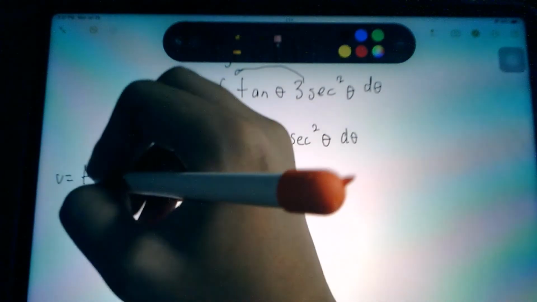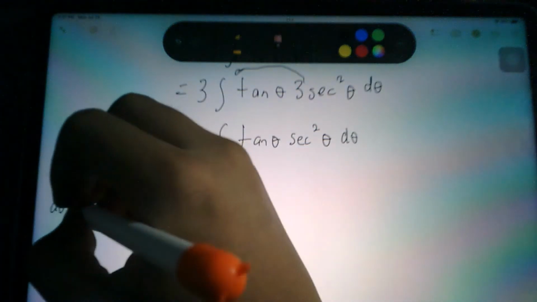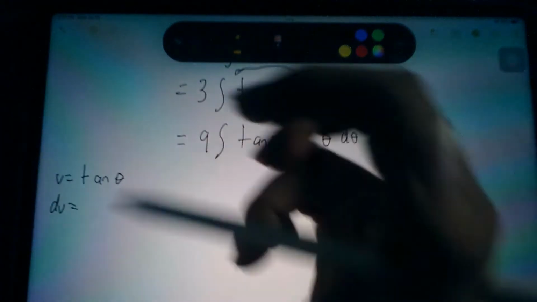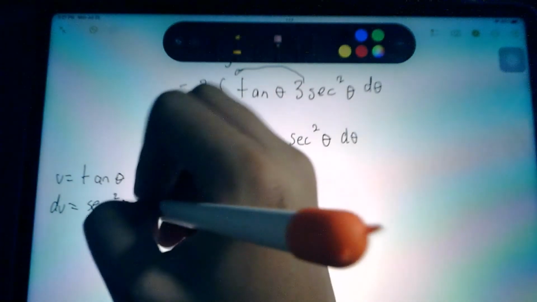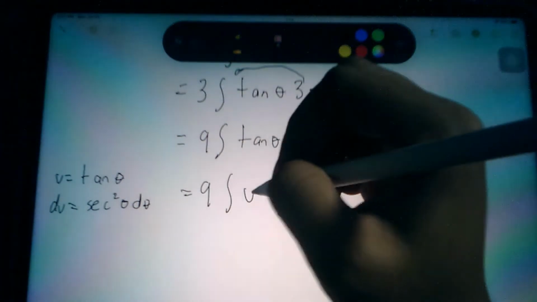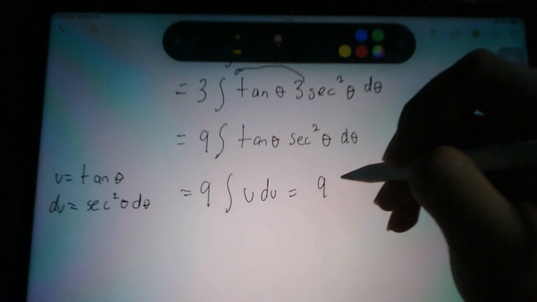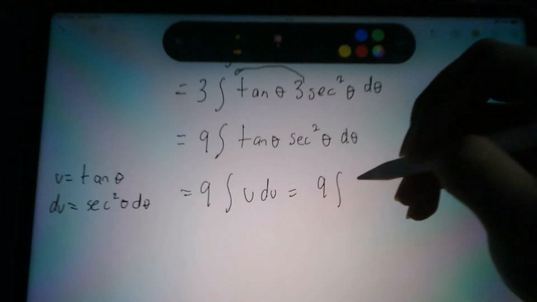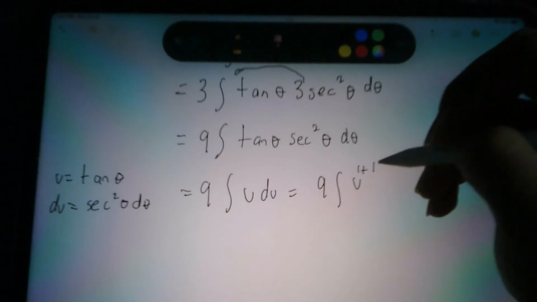So our U here is tangent theta, and our du is just equal to secant squared theta d theta. So this will just become the integral of u du, 9 the integral of u du, just using the general power formula.